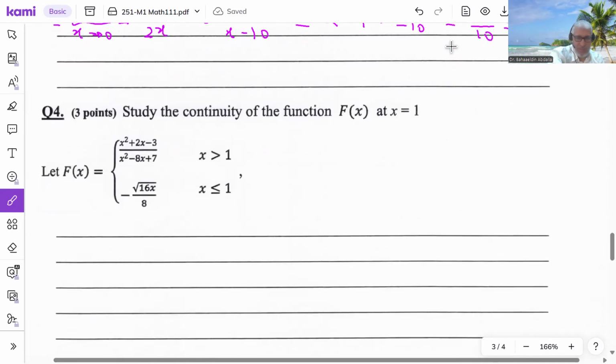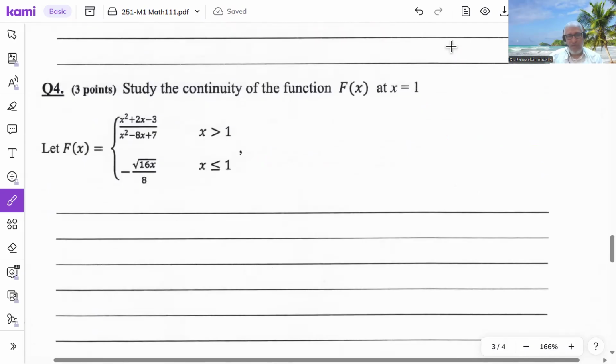So that's the limit. Study the continuity of this function at x equals 1. Well, the function would be continuous at x equals 1 if the limit of f of x as x approaches 1 is equal to f of 1.